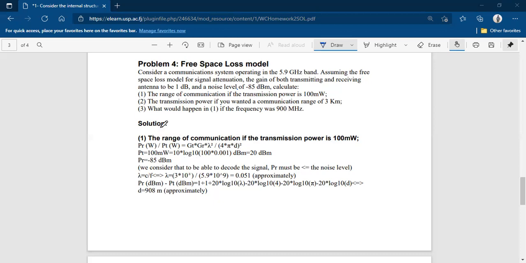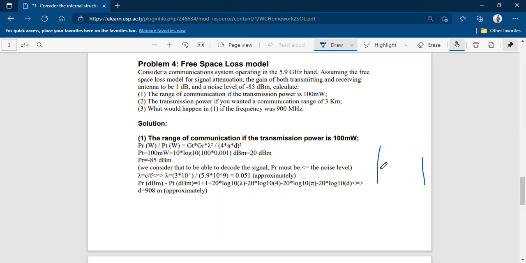The free space loss model basically states the loss of power when you are transmitting in an open space without any obstacle in that particular path. So you have a transmitter here and a receiver here, and there is no obstacle, so this path is free space.